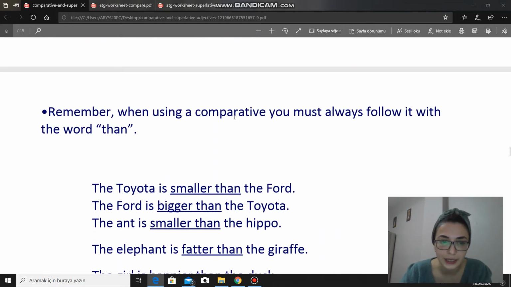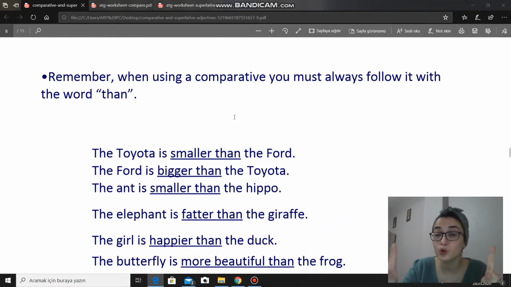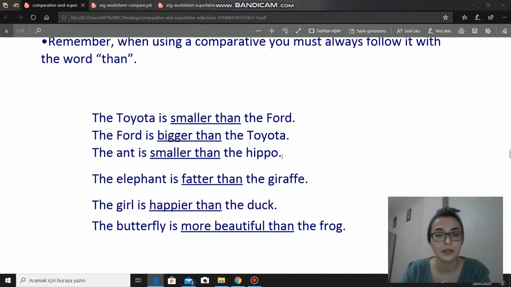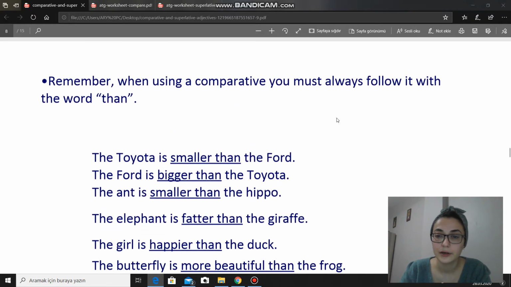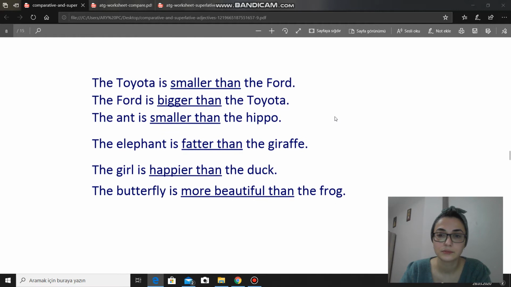And one more thing. If you are comparing two things, if you are using comparatives, don't forget to use than. The Toyota is smaller than the Ford. The Ford is bigger than the Toyota. Okay, these are our examples again.